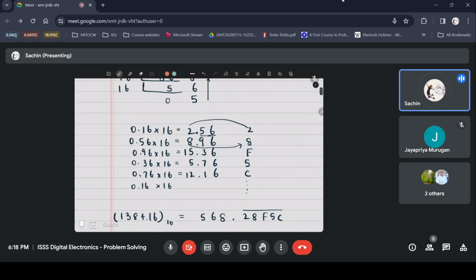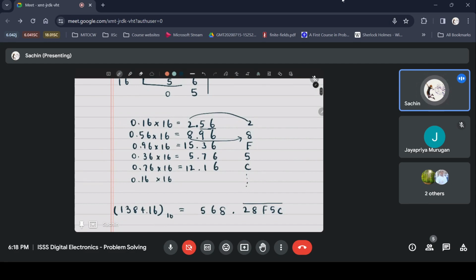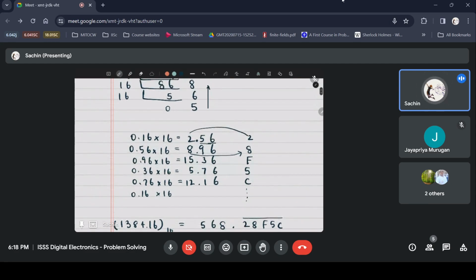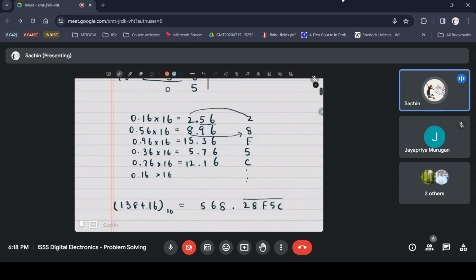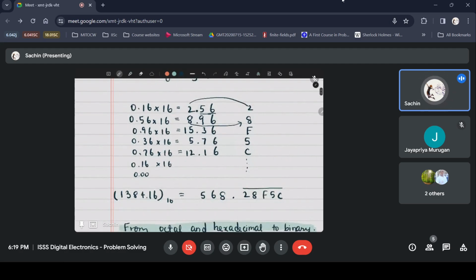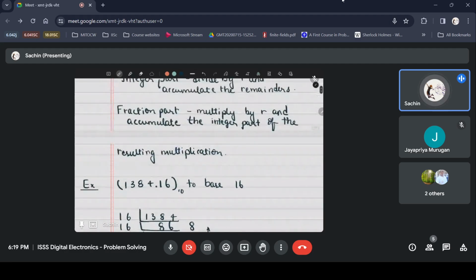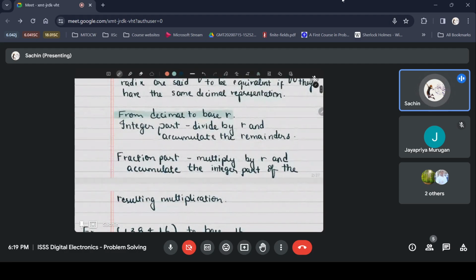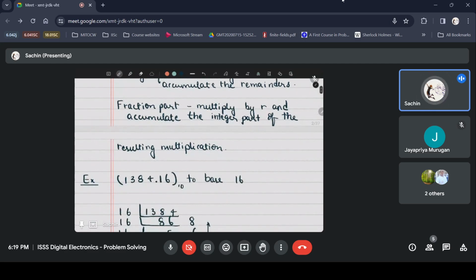So you continue this process. Sometimes this process will stop if you get a 0.00. Otherwise it might repeat. Here it's repeating after these digits 28F5C, those will repeat again. Okay, so that's the basic idea to convert any decimal number to a number in base r. This works for all bases r.